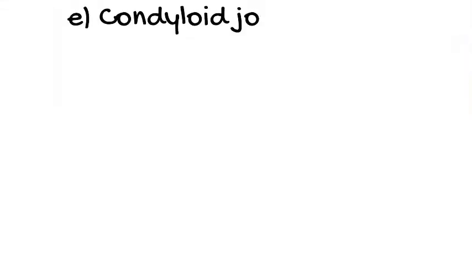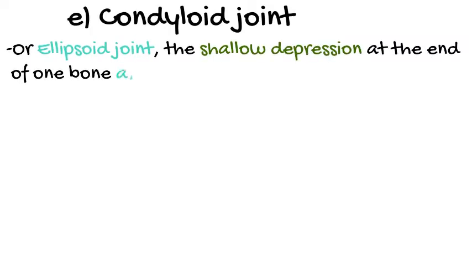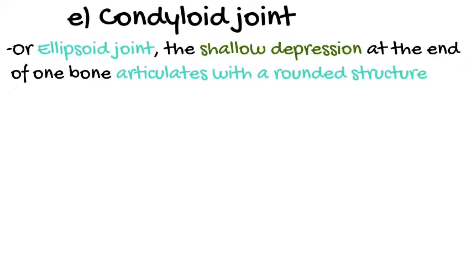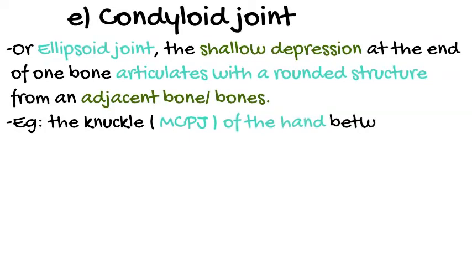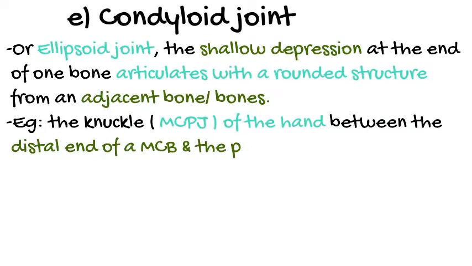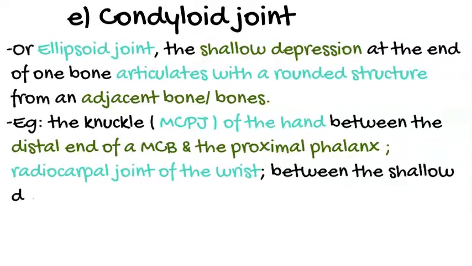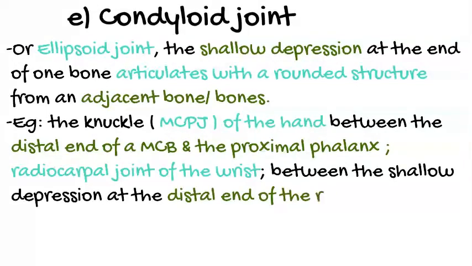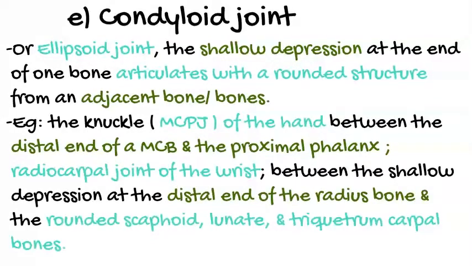E. Regarding condyloid joint or ellipsoid joint. The shallow depression at the end of one bone articulates with a rounded structure from an adjacent bone or bones. Example, the knuckle, metacarpophalangeal joint of the hand between the distal end of a metacarpal bone and the proximal phalanx. Radiocarpal joint of the wrist, between the shallow depression at the distal end of the radius bone and the rounded scaphoid, lunate, and triquetrum carpal bones.